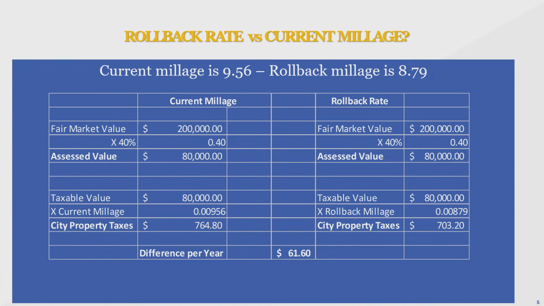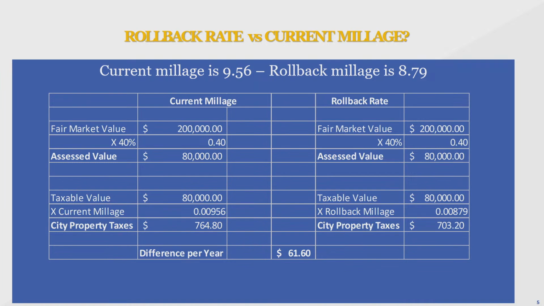We have a property that has a fair market value of $200,000, looking at the current millage rate. 40% of that would be the assessed value, showing at $80,000. So that would be the taxable value. We will multiply that amount times our current millage rate, which is 0.00956, or 9.56%. That would make the current property taxes $764.80.